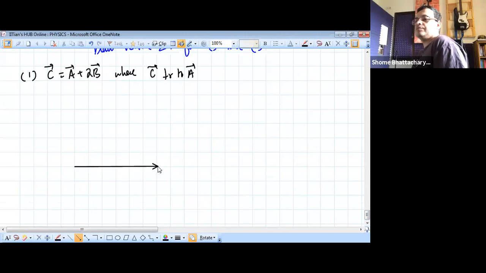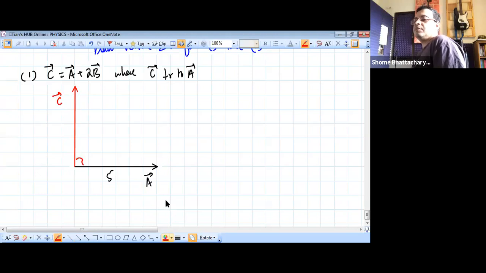So if this is some vector E, and remember E का magnitude 5 दिया हुआ है, then C should be a vector perpendicular to this. We don't know how much its magnitude is, but we know that it's perpendicular. So it's something like this. It's at 90 degrees.